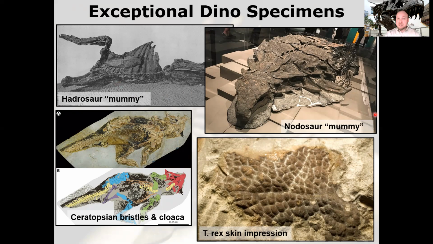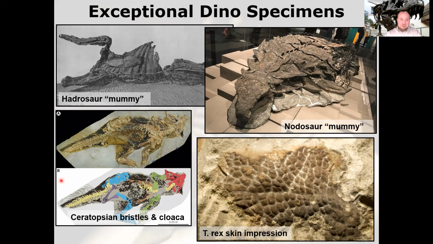This famous nodosaur mummy, an ankylosaur, it almost looks like this thing just died yesterday. It almost looks like it's alive. There are imprints of the skin. There's actually even imprints of, so we can tell stomach contents even. The bones are all there. There's enough information here to actually be able to perform chemical analyses to get a color. And we know it was darker on the top and lighter on the bottom.